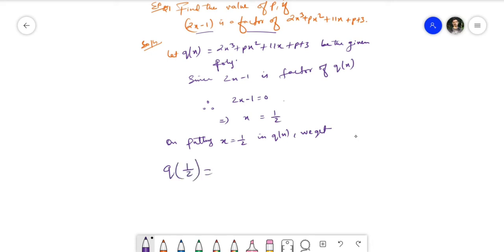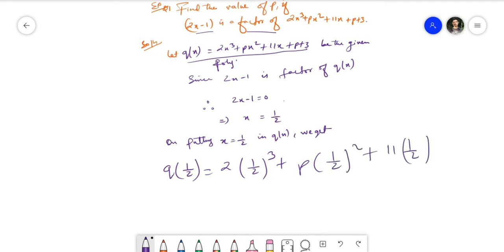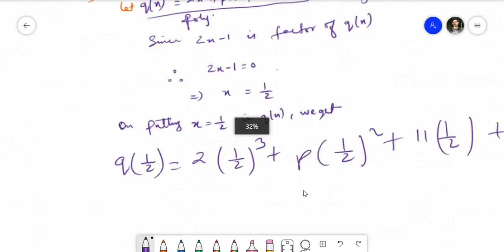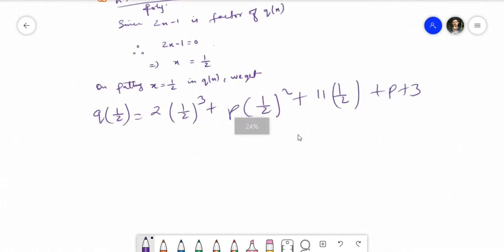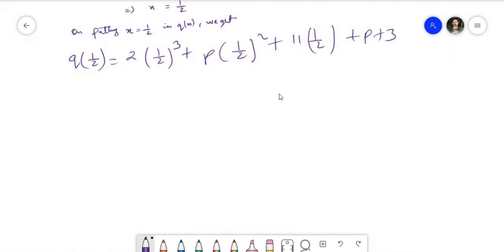I'm directly putting 2 into (1 by 2) cubed plus p into (1 by 2) squared plus 11 into 1 by 2 plus p plus 3. We just put the value of x, this much only, and now it's very easy.